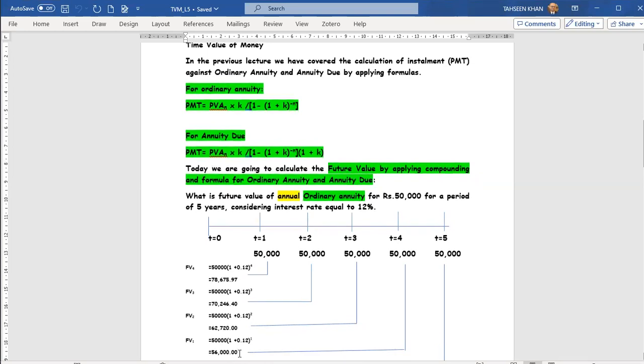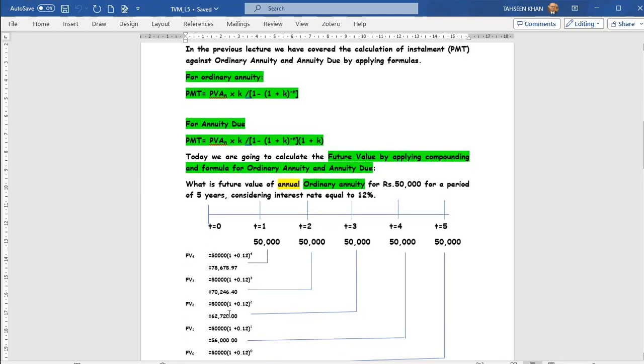In the next case, the value is 50,000 times (1 plus 0.12) power 2, and it comes to this much. Here the power is 0, and if any variable has a power equal to 0, it comes equal to 1.